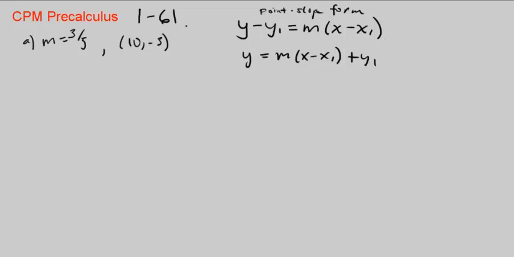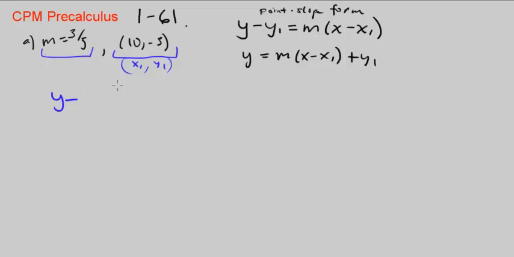Okay, so part A asks us to find the point-slope form for the line with slope 3/5 that passes through the point (10, -3). So this is our slope and this is our point (x1, y1), right? So we just plug in and substitute y1, x1, and m.